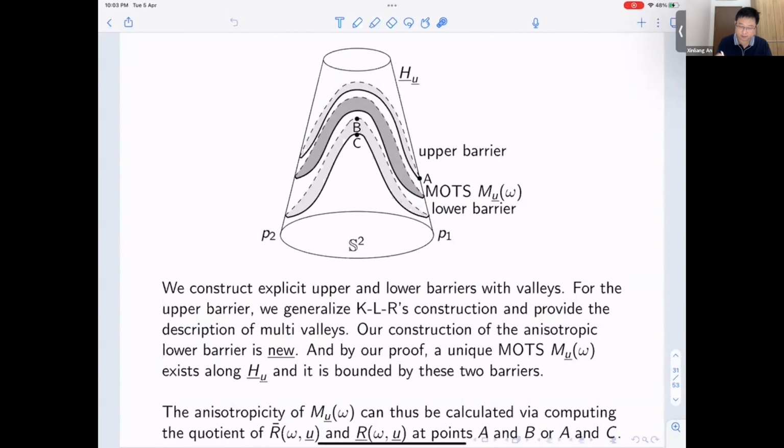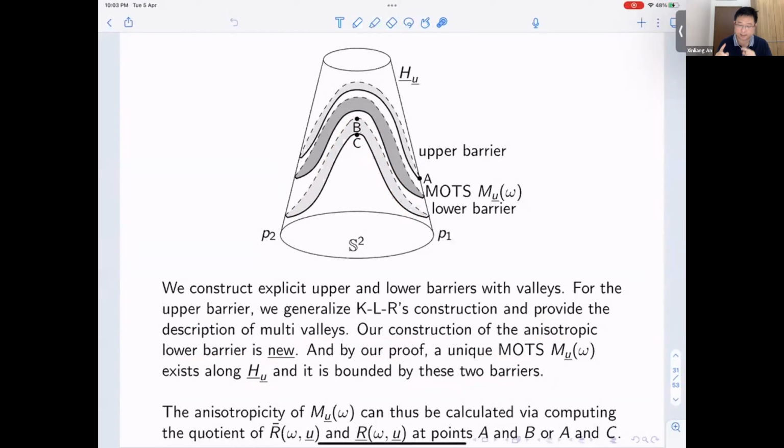For the lower barrier, something interesting: our construction of the anisotropic lower barrier is actually new. By our proof we can show that a unique mold exists along h bar, u bar, and it is bounded by these two barriers.